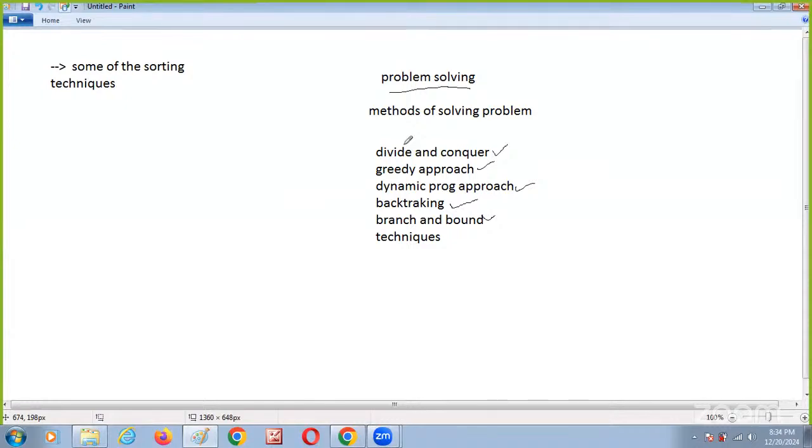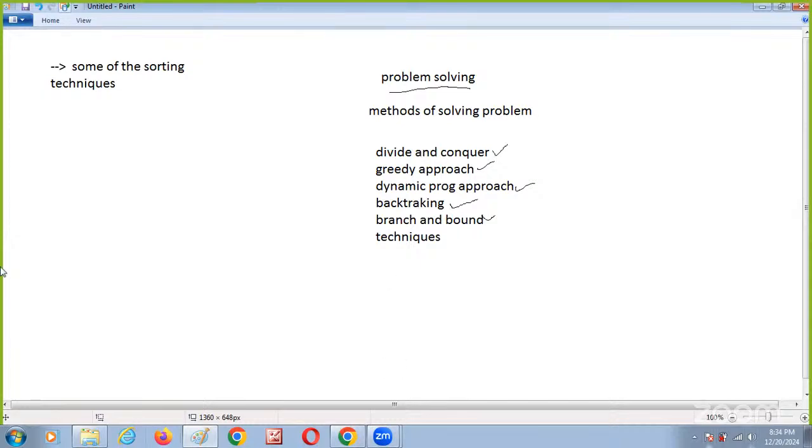Now for the GATE point of view, I cannot directly go for time complexities or simply give you this is a time complexity, that is a time complexity. For the exam point of view, I will give you the GATE exam point of view anyhow.